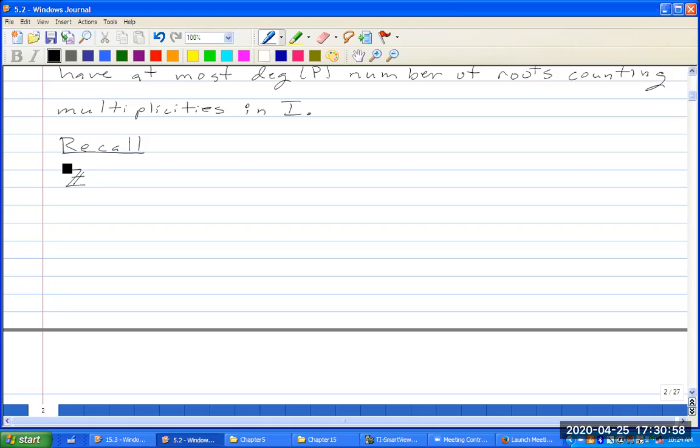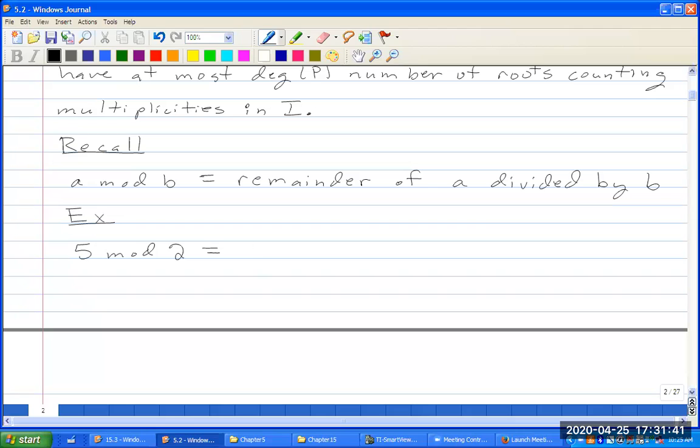Let's recall modulo. A mod B is the remainder of A divided by B. So, for example, 5 mod 2 is equal to 1, since 5 divided by 2 is equal to 2 with a remainder of 1.